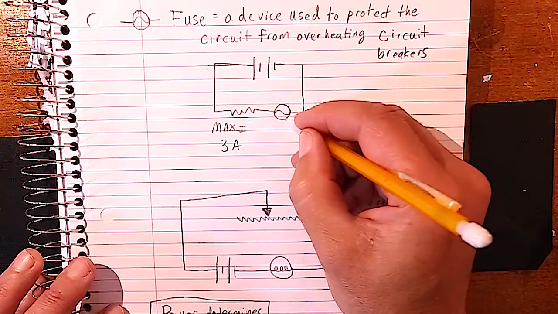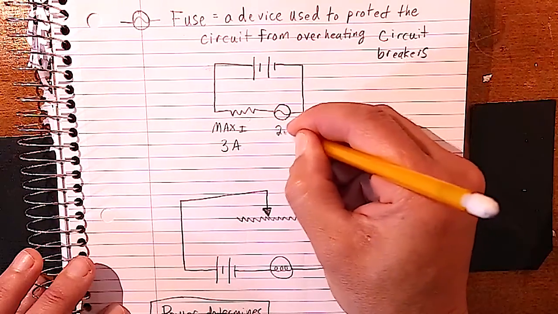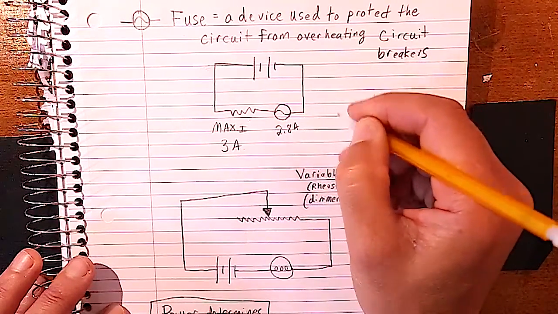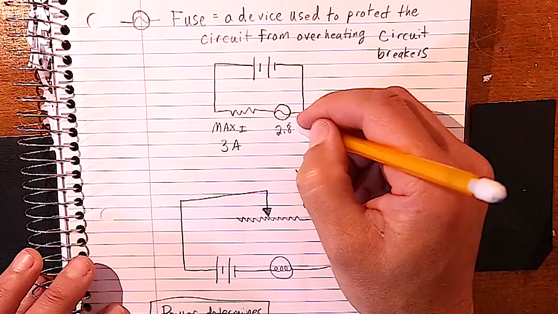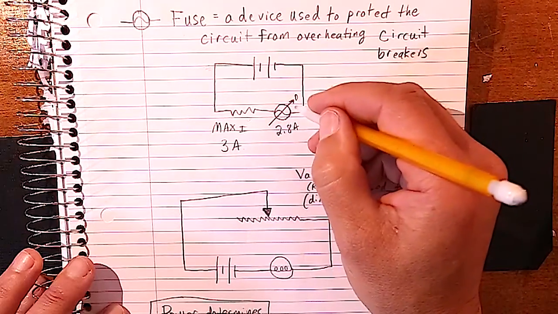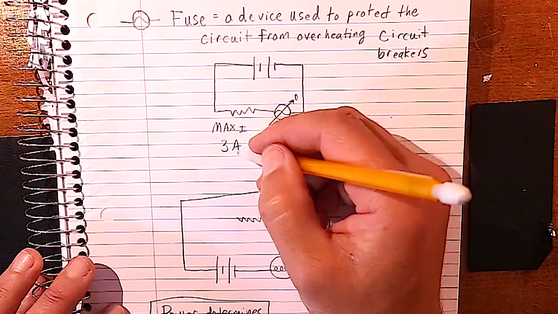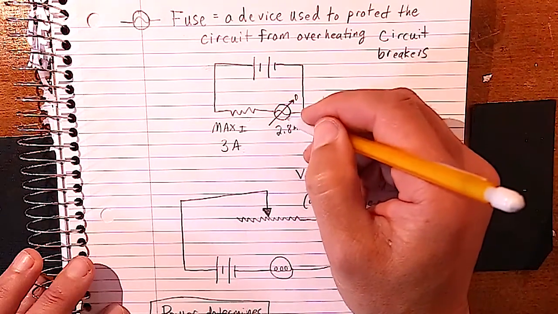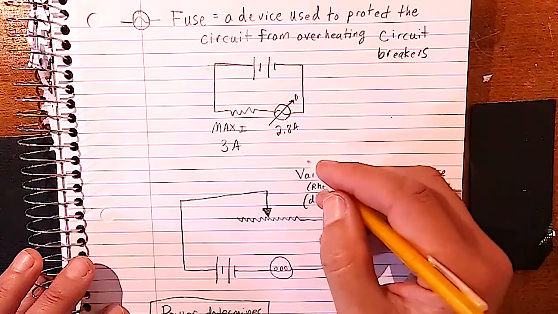So what we do is we put a fuse in series with that device, and we have the fuse set to 2.8 amps. That means that if the current rises to 2.8 amps, the fuse burns out. And if the fuse burns out, it prevents electrons from flowing through the device, and it saves the device. So the fuse burns out and not your expensive television.